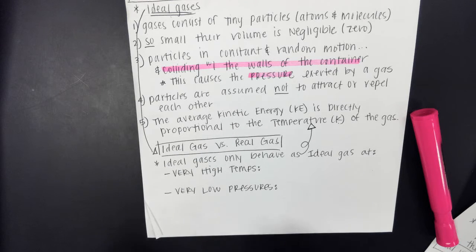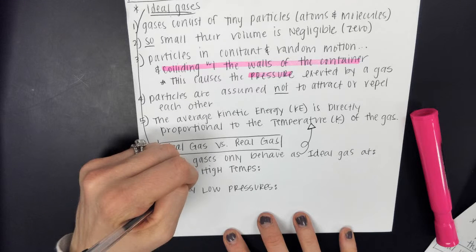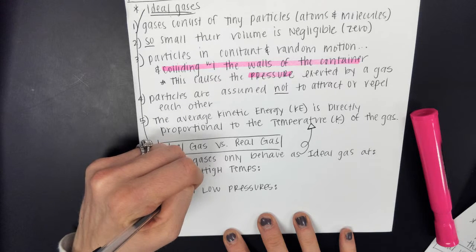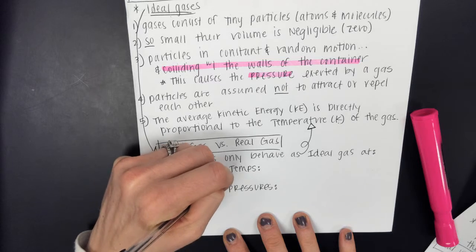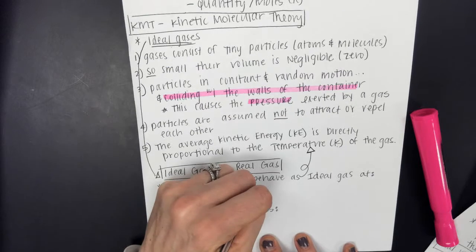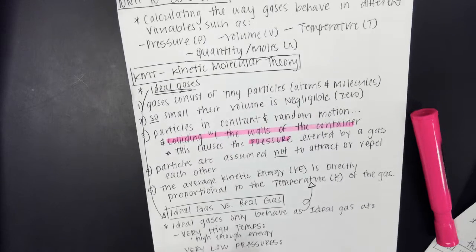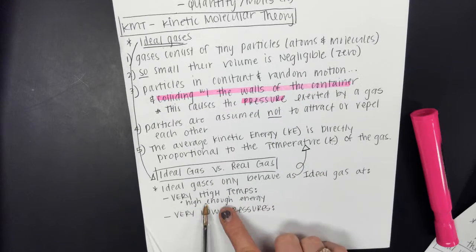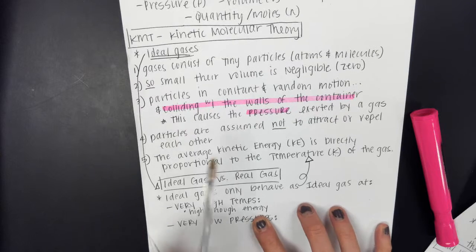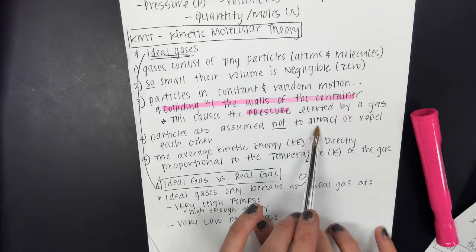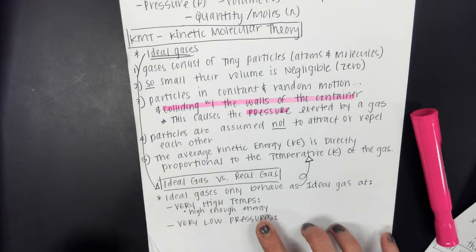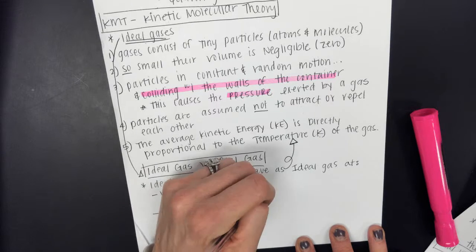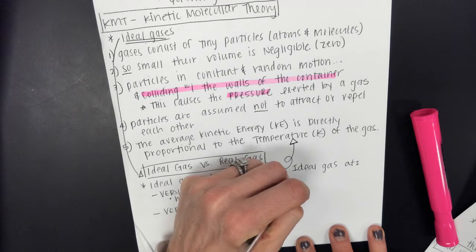pressures. At a very high temperature, they are going to have so much energy, a high enough energy, because remember, temperature and energy are directly related. They have a high enough energy at a high temperature to overcome any attractions and repulsions that they may have.